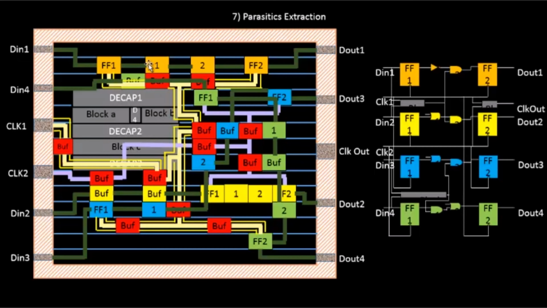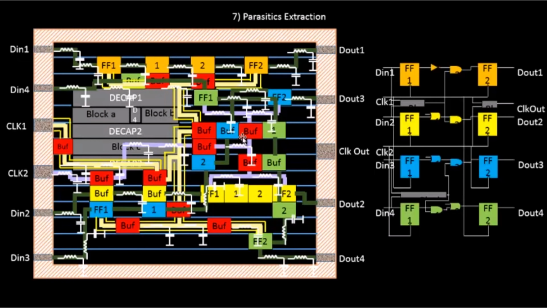The resistance and capacitance of the entire chip, all the routes and everything, will be extracted through some mechanism, and now you do a final round of timing analysis with the extracted SPEF.